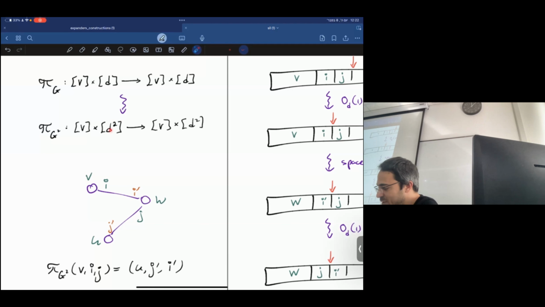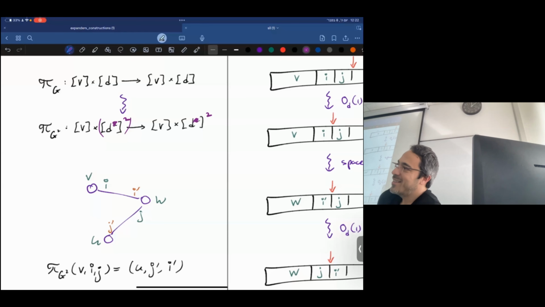And note that I'm writing D squared here. Maybe it would be better to write D squared here. Does it really matter? I think of it as 2 elements of D. As a graph, you can index the neighbor of a vertex not just by numbers, but by pairs.